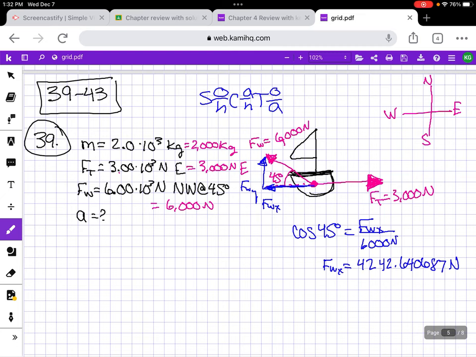I can find my force of the wind in the y by doing the sine of 45 degrees is equal to force of the wind in the y over 6,000 newtons. So sine 45 times 6,000. That's why 45 is special, because it's the same.